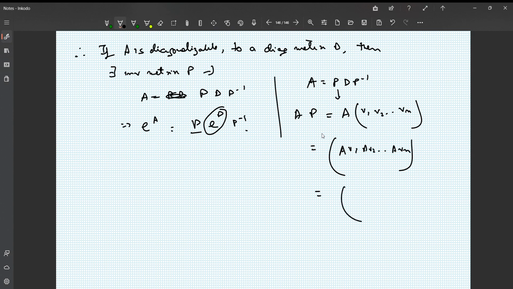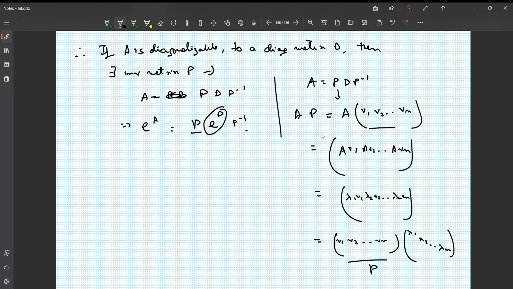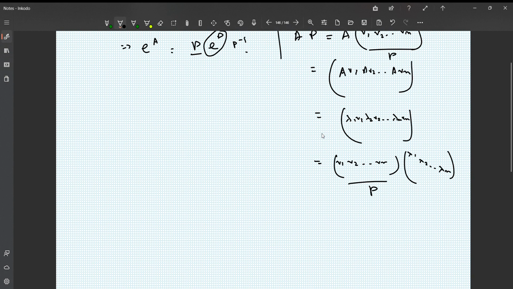But by definition of eigenvectors, this is nothing but lambda 1 V1, lambda 2 V2, until lambda n Vn. But that is exactly equal to the matrix V1, V2 till Vn times the diagonal matrix of lambda 1, lambda 2 till lambda n. So these are the columns, and this was P. This was clear.